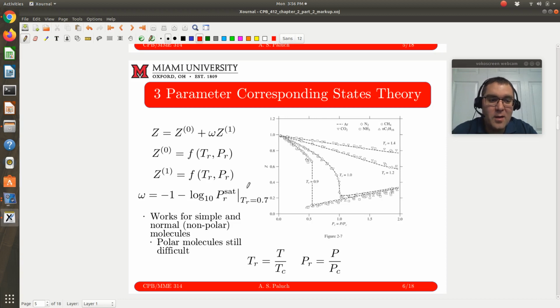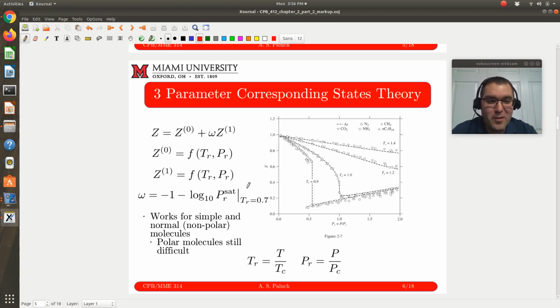The basic idea, from my memory, is that Pitzer was looking at P versus T phase diagrams plotted in reduced coordinates, and for simple fluids they all intersected at this common point.